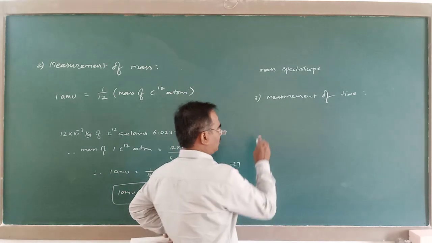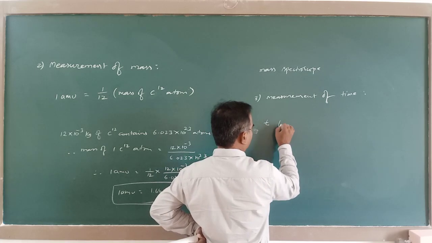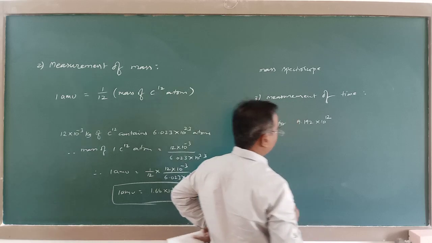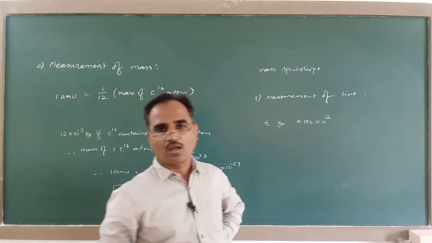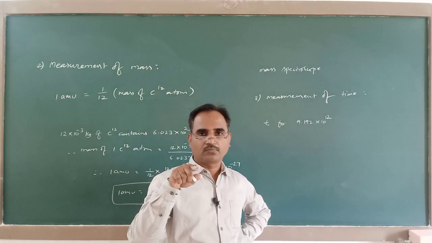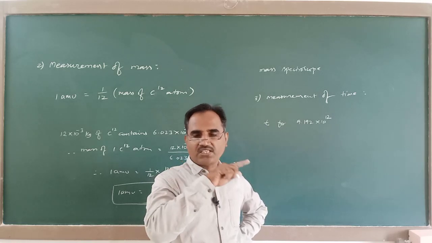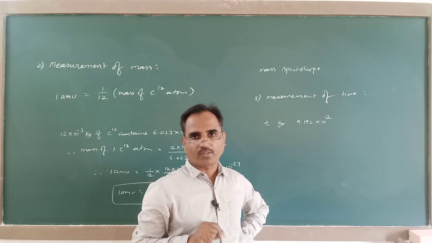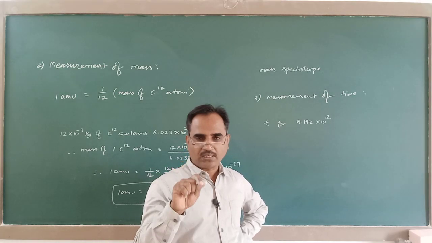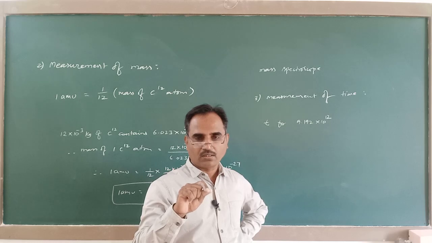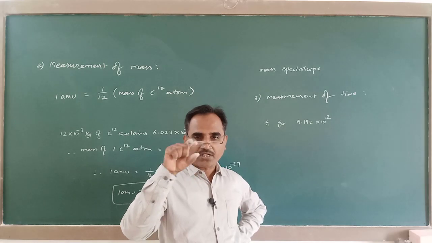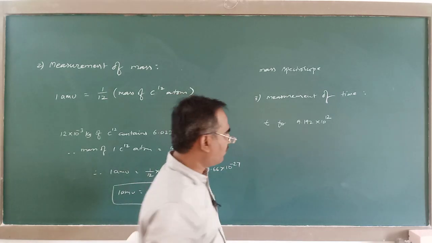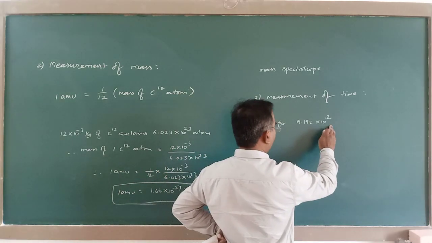It is the time for 9.192 into 10 to the power of 12 oscillations of a cesium-133 atom in the ground state between two hyperfine lines. So when a cesium-133 atom in the ground state emits radiation between two hyperfine lines, the time taken for this many oscillations becomes equal to 1 second.